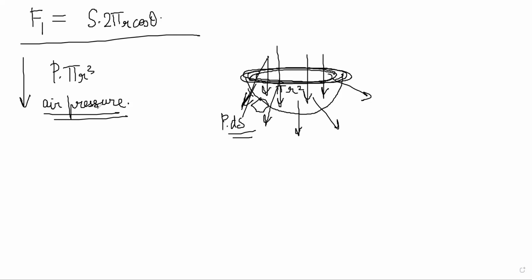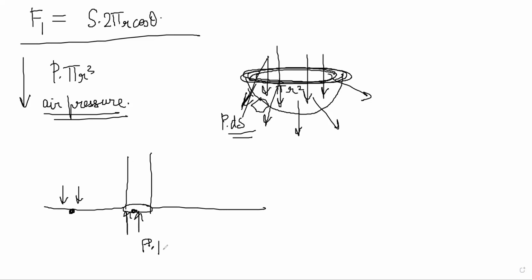The pressure at EF is equal to the atmospheric pressure P. Why is that? Because it is at the same level as the liquid open to the atmosphere. EF is in the same horizontal plane as the free surface outside the tube. So this pressure will also give a force P into pi r square.